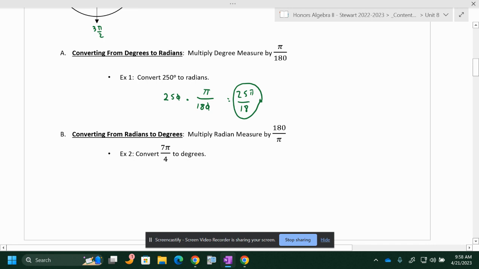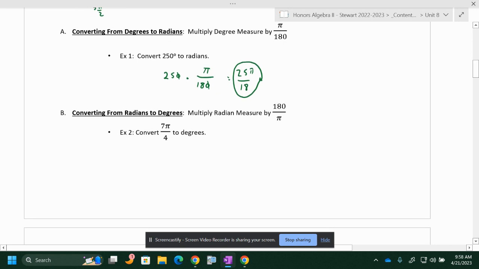If you were given radians, most of you will probably say, I don't know what radians are because I'm not used to them, but I know degrees so well. You can convert radians to degrees. We multiply the radians by 180 over pi.